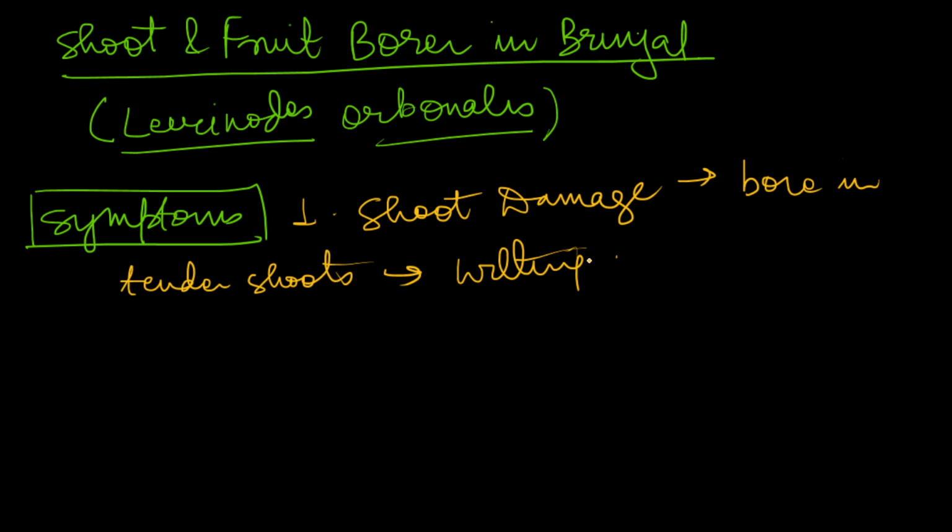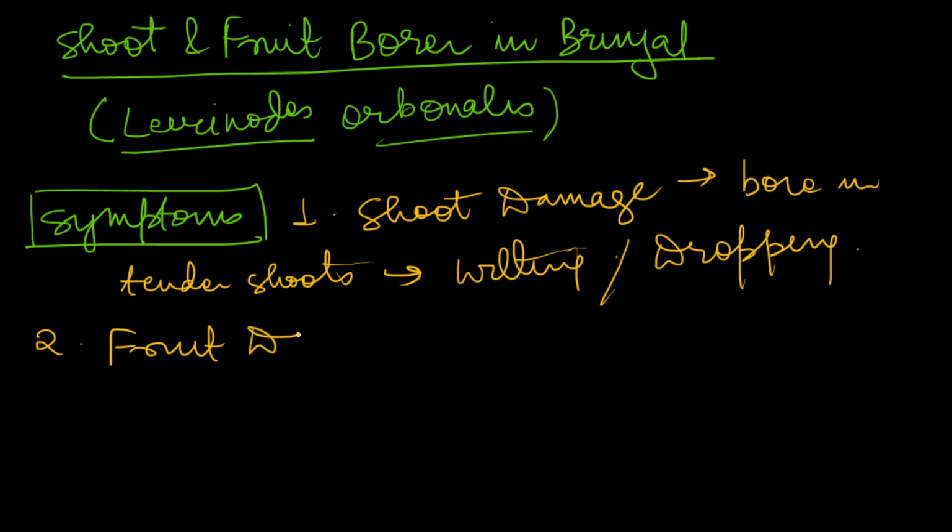Secondly, wilting and dropping of the terminal parts of the plant. Secondly, you can also mention fruit damage. First one is shoot damage, next one is fruit damage.